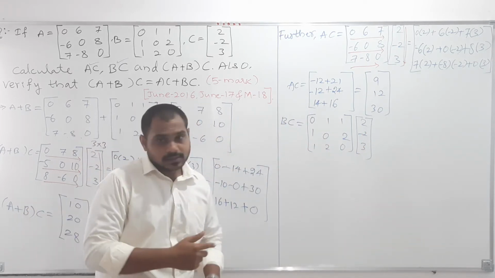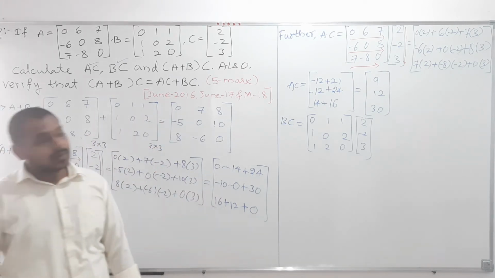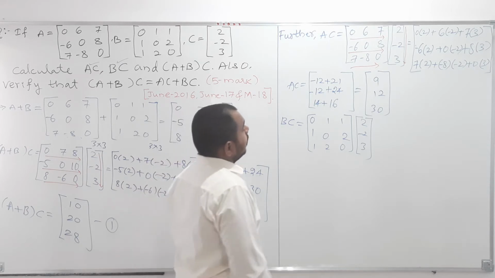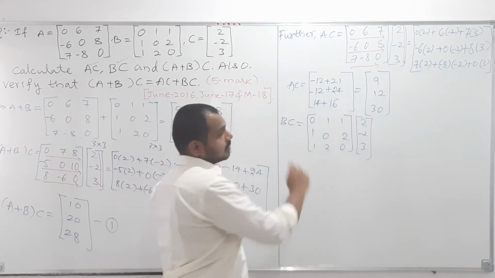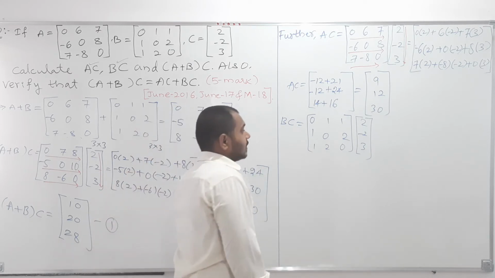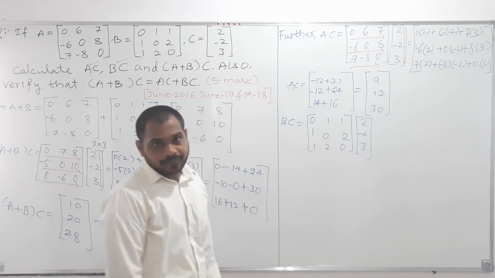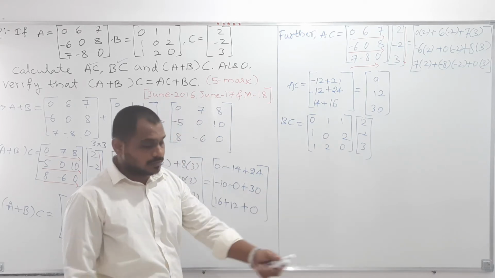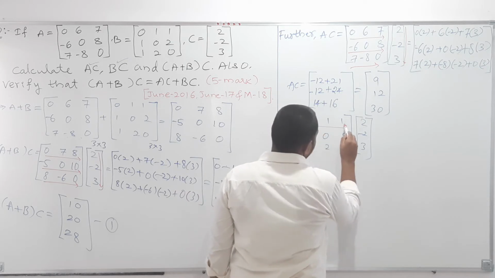Again we should multiply this. Whether multiplication is possible or not, please check. To check, we should check the number of columns. The number of columns in this matrix is 3, and the number of rows in this matrix is 3. Since they are equal, therefore multiplication is possible, and multiplication is done by row by column.